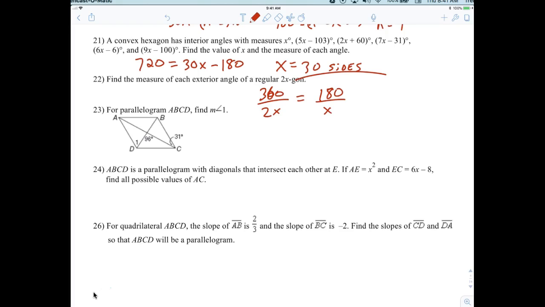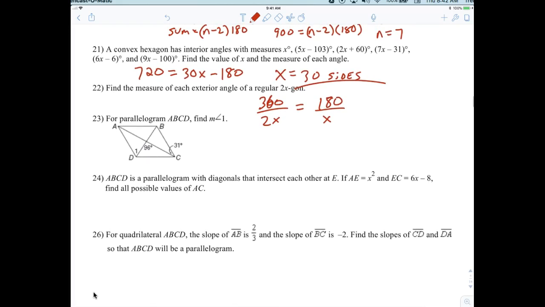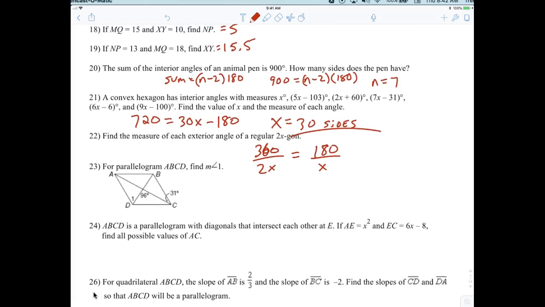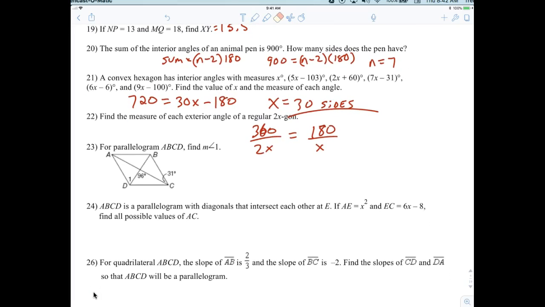Okay, so I was thinking when you said 7.8 equals 30x minus 180, but then you said x equals the sides. 30 sides. I thought that was the angle, like part of the angle there. Listen, you're right. I was thinking we were doing the one even above that.